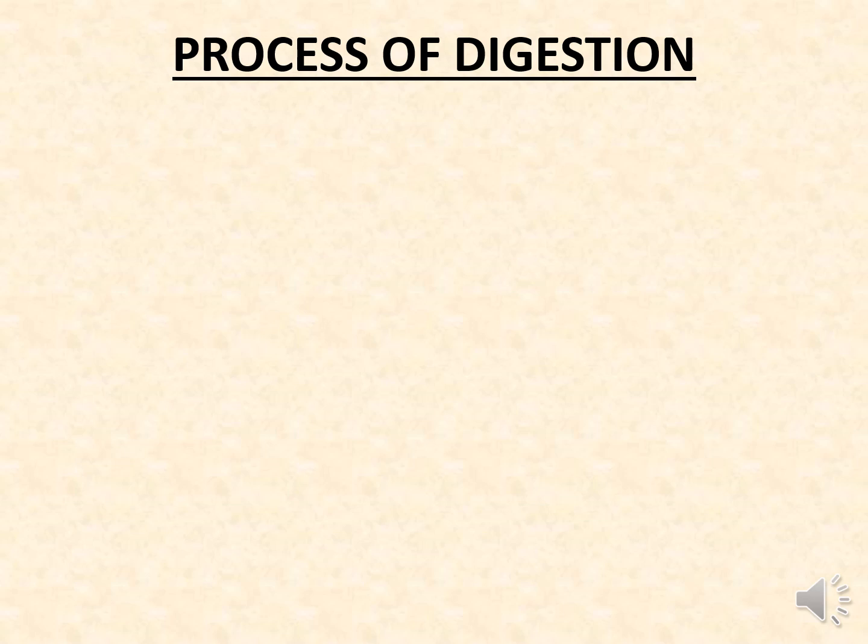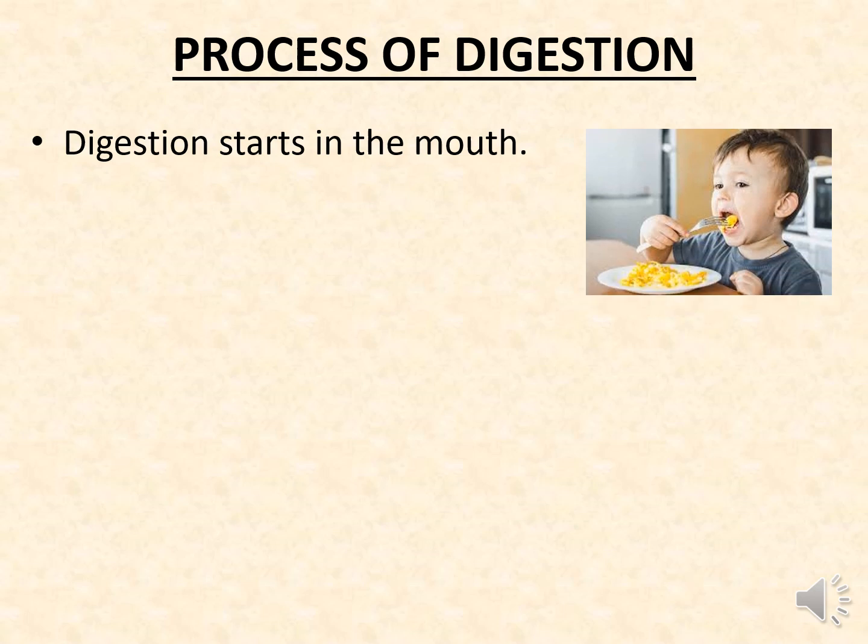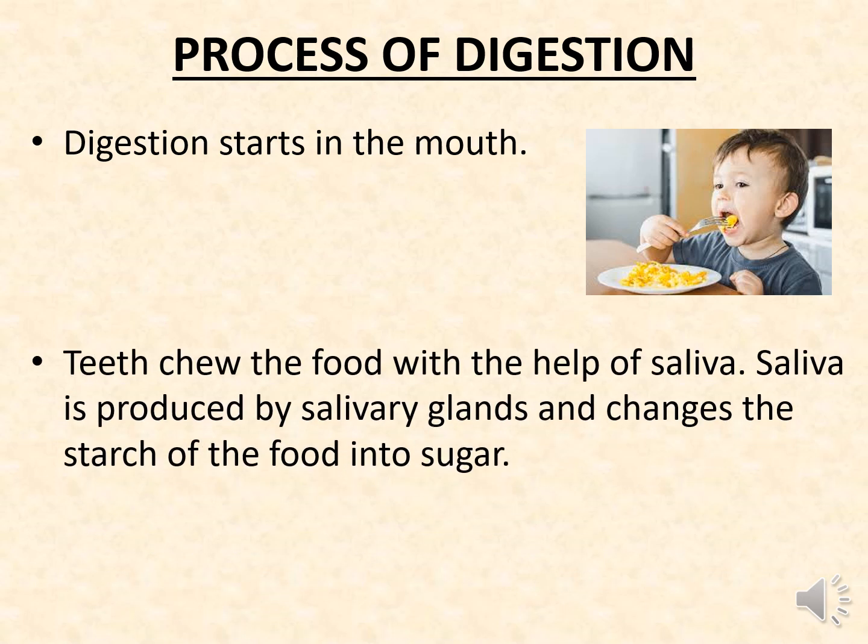Process of digestion of food. Digestion starts in our mouth. Yes, we all put the food in our mouth. As we keep the food in our mouth, teeth chew the food with the help of saliva. Now we have a new term, that is saliva. What is saliva? It is the liquid which is present in your mouth. You can feel it. Teeth chew the food with the help of saliva, and saliva is produced by the glands called salivary glands.